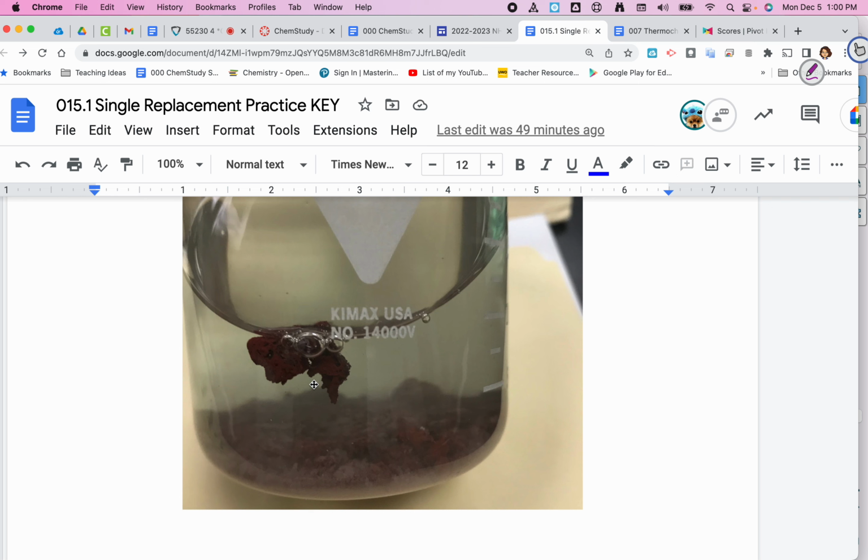So over time, what will happen is that our aluminum foil will disappear and our copper ions will turn into copper atoms, and so we'll end up with copper instead of aluminum when all is said and done. Are all of those chunks there solid copper? Mm-hmm. That's a lot of copper. It is a lot of copper. I used kind of a big beaker and rather a large piece of aluminum foil. Wanted it to photograph nicely.